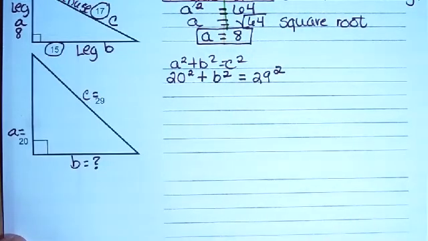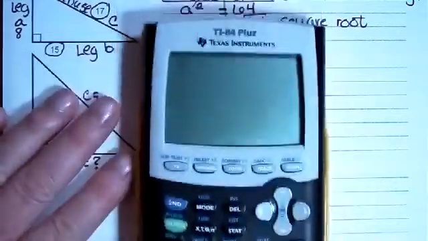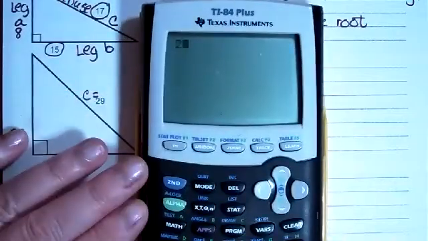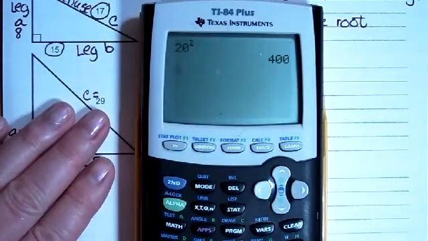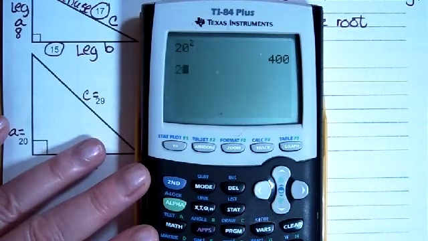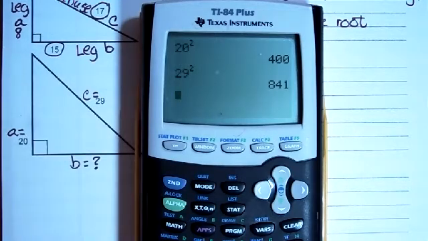Okay. Now, again, our steps are always the same. This is a formula and a procedure. So I'm going to grab my calculator and figure out what 20 squared is and what 29 squared is. 20 squared is going to be 400. 29 squared is going to be 841.